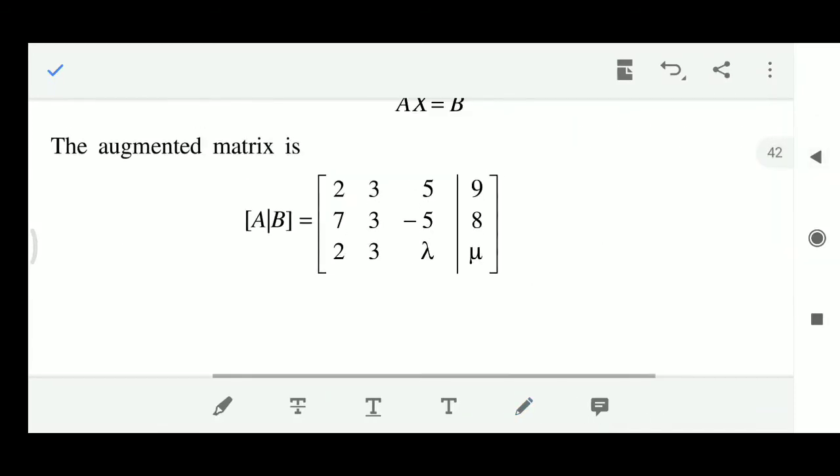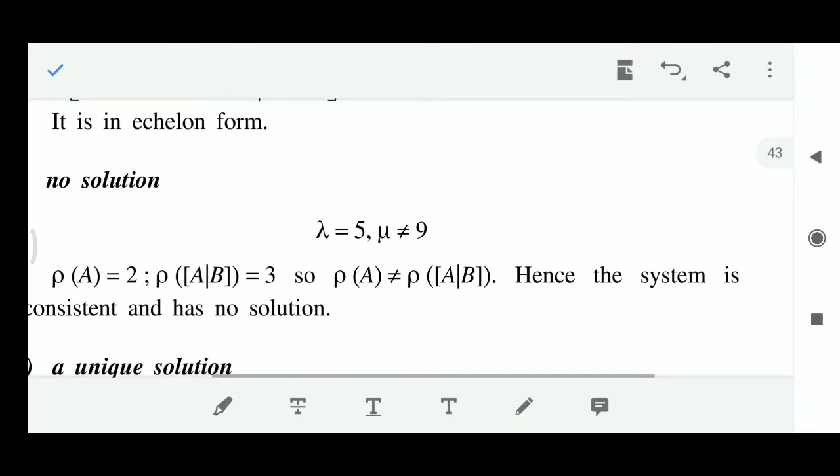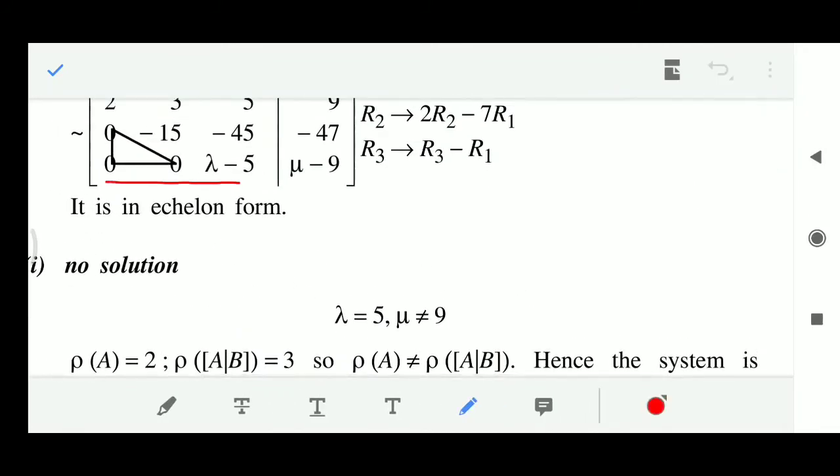Then for the third row, look at the first and third row. Here both are having 2. So just by subtracting the row 3 with row 1, you will get the 0. So R3 implies R3 minus R1 gives 0, 0, lambda minus 5 and mu minus 9.